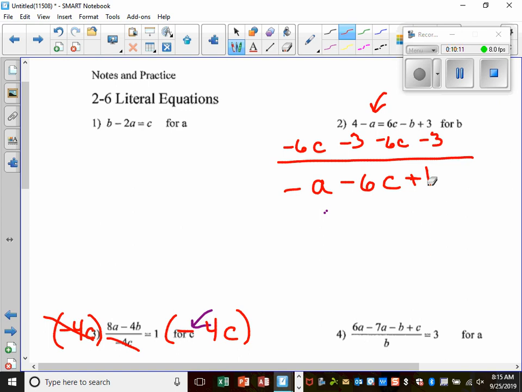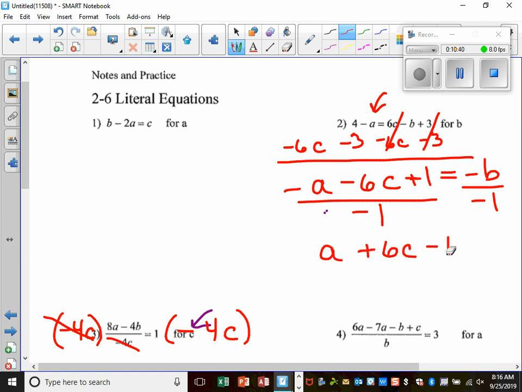And this will equal negative B. Now, if you want to subtract the 6C and then subtract the 3 in 2 separate steps, you definitely can do that. The only thing I have to divide by now is this negative 1 because we need a positive variable. So really it's just going to change all the signs at the top. Okay.